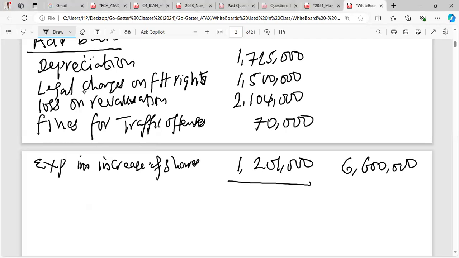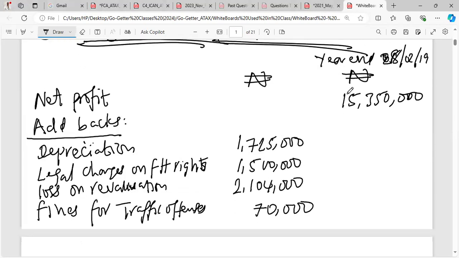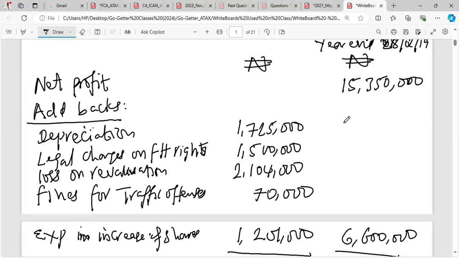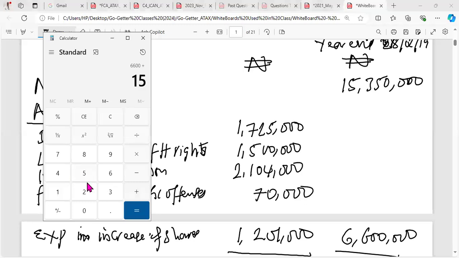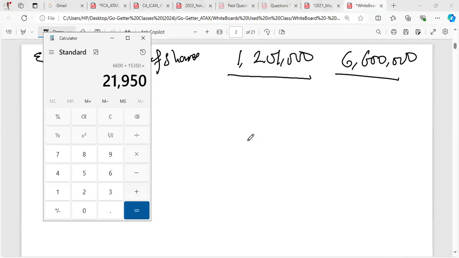If I add 6,600,000 to 15,350,000, that will give me 21,950,000.